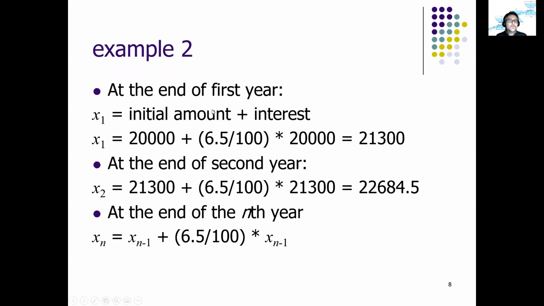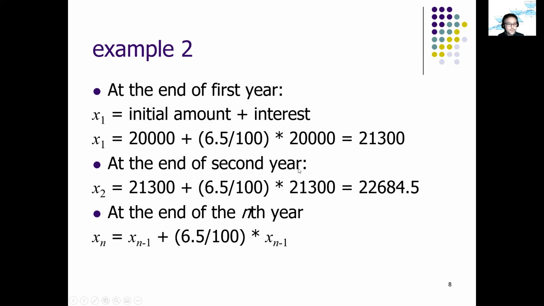If we want to do these calculations, basically we're going to follow a kind of recurrence relation, which is going to produce a sequence of values. You can see that this is the first step: the initial amount plus interest after the first year. Then we have the amount at the end of the first year.